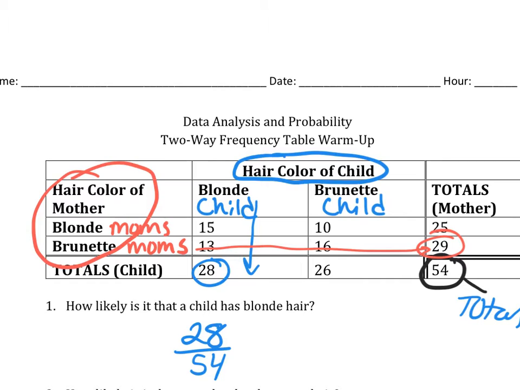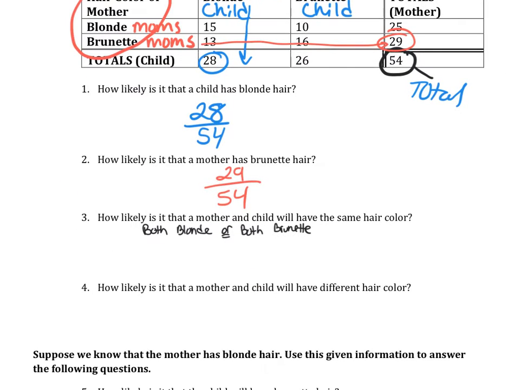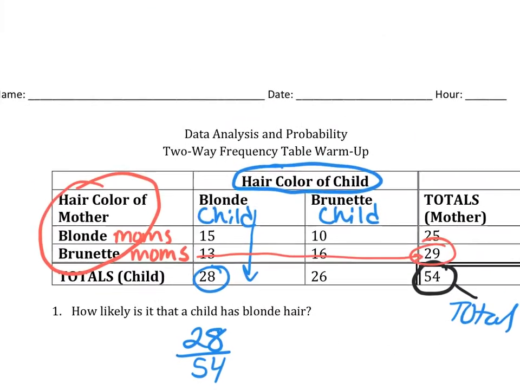So for a blonde mom and a blonde child, where it overlaps is at 15. So there are 15 pairs of mom and children that both have blonde hair. So do 15 over 54 for both blonde, or we're going to add, now we need them both to be brunette.